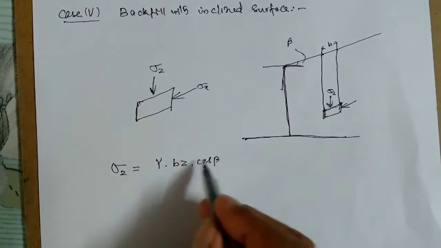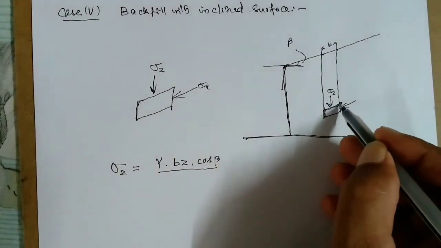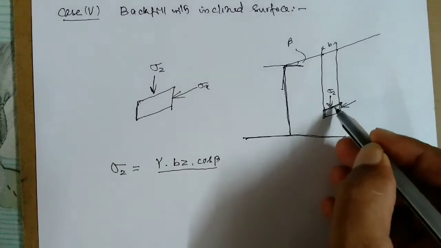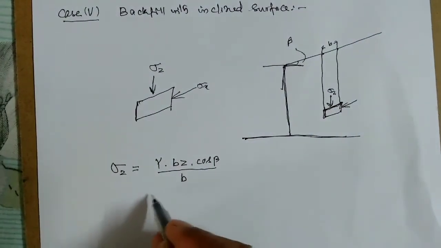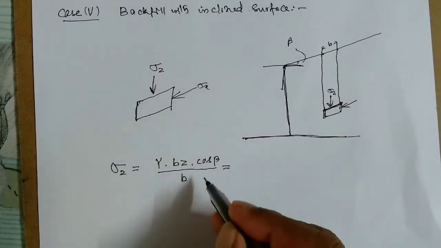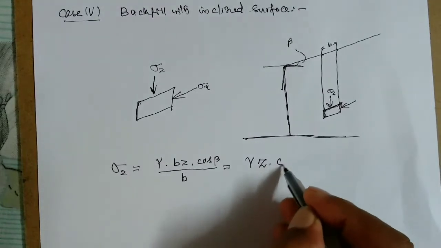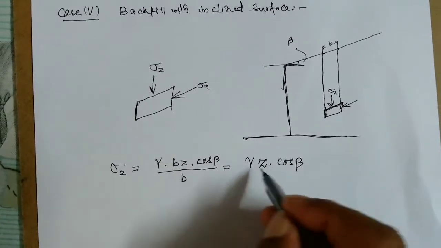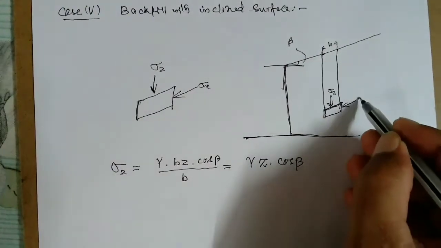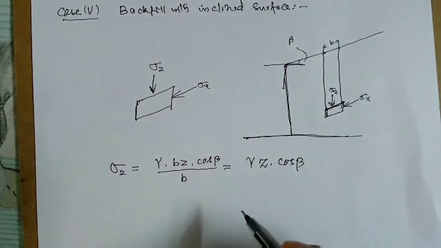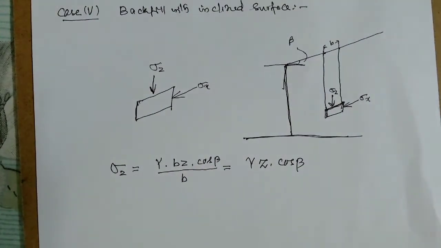This is the weight divided by the area of the top surface of the element, which is b into 1 unit, that is b. The b cancels, and only gamma Z cos beta is the vertical stress. Sigma X, which is our requirement, that is lateral pressure, has to be determined.